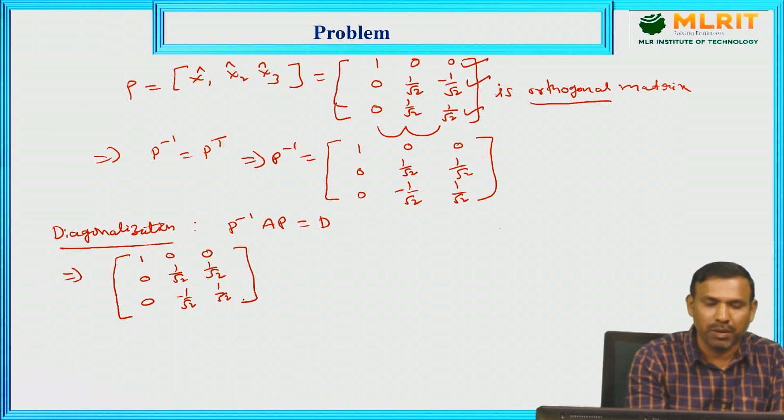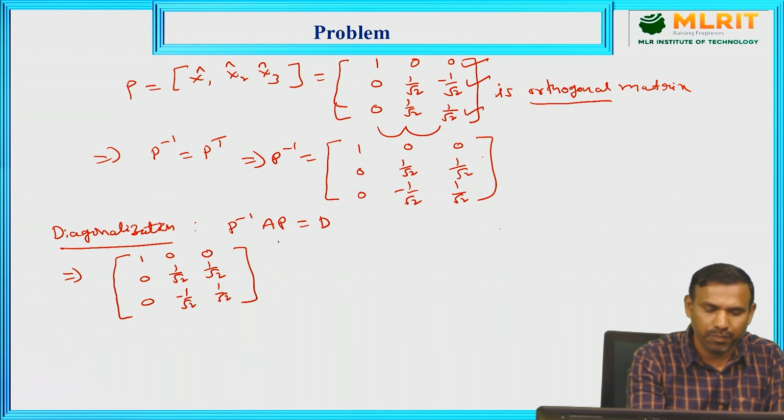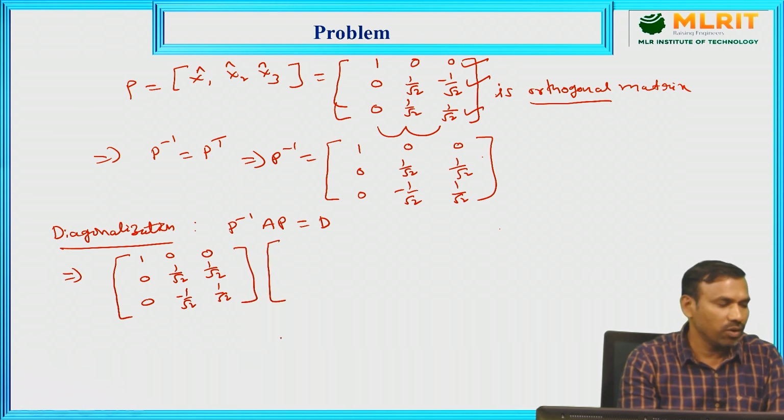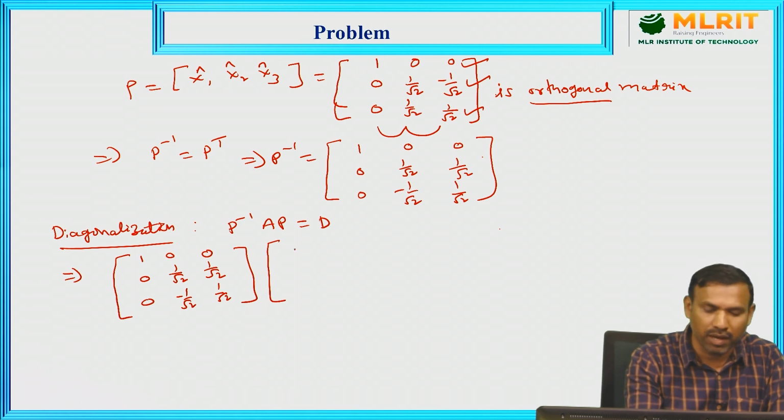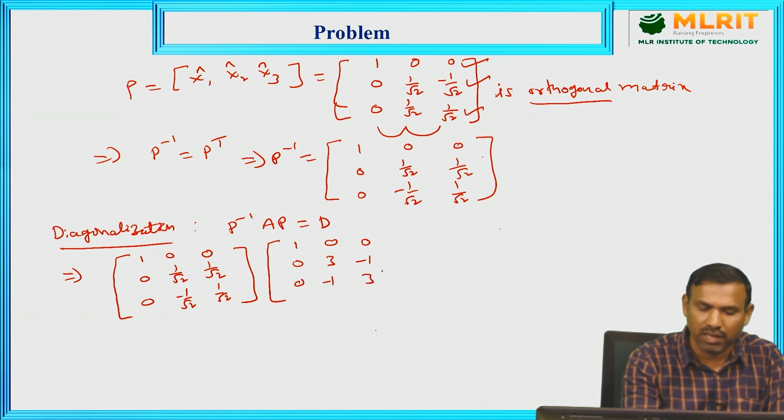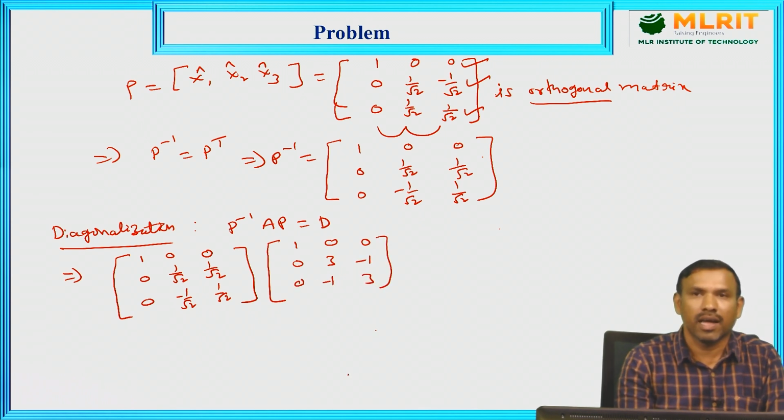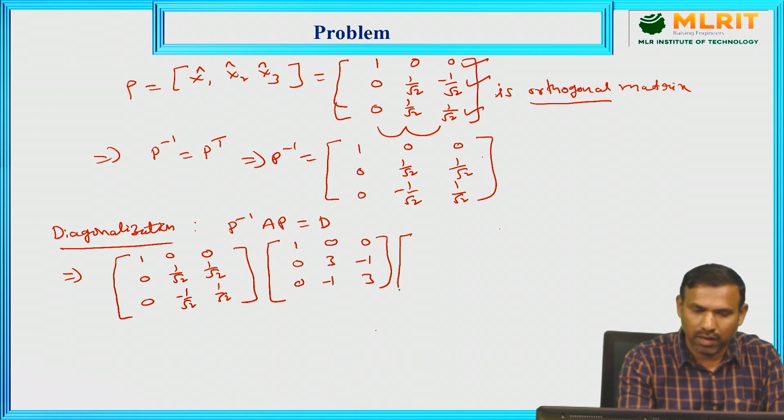This is P inverse into A. A means given matrix. What is the given matrix here? For this problem we have taken 1 0 0, 0 3 minus 1 and 0 minus 1 3.